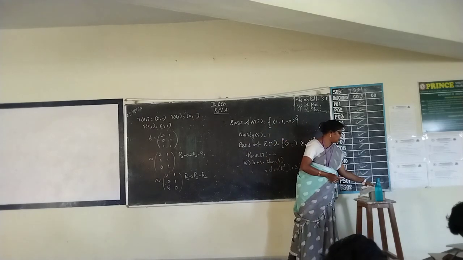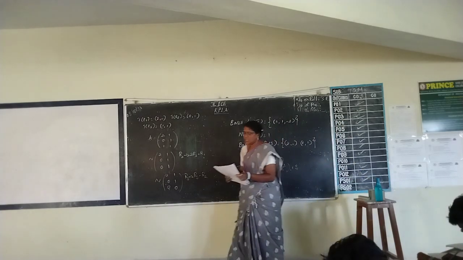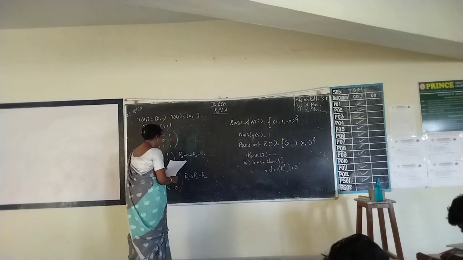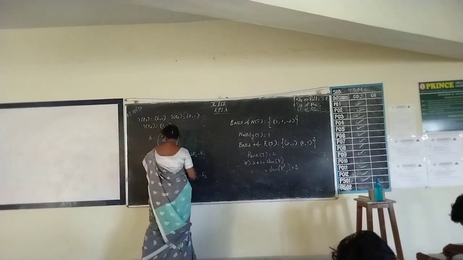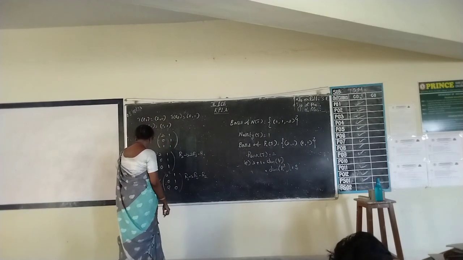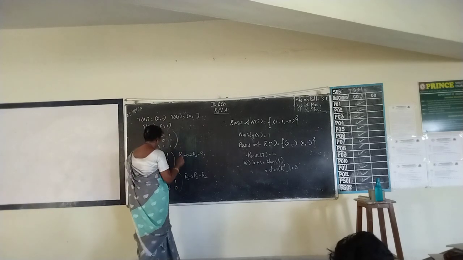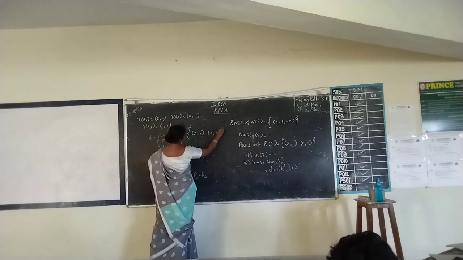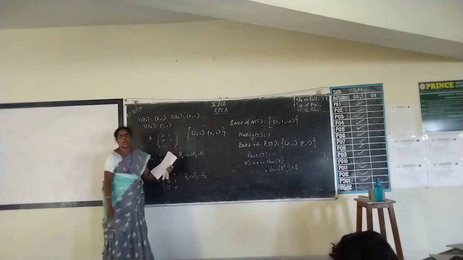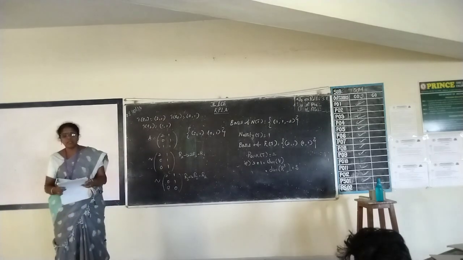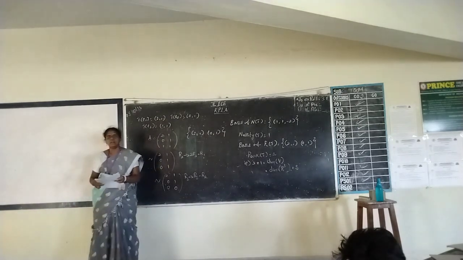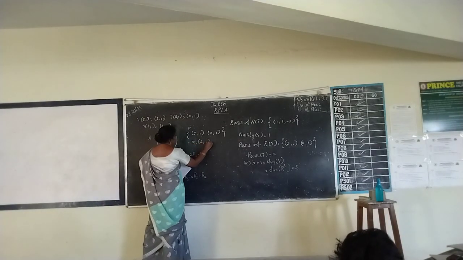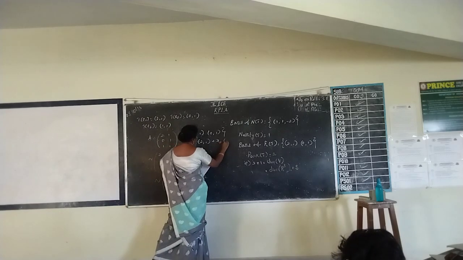Range space is equal to the subspace generated by 2, 1, 0, 1, the basis of R of T, which is equal to x1 into 2, 1 plus x2 into 0, 1.